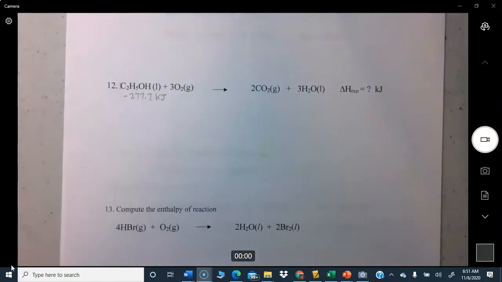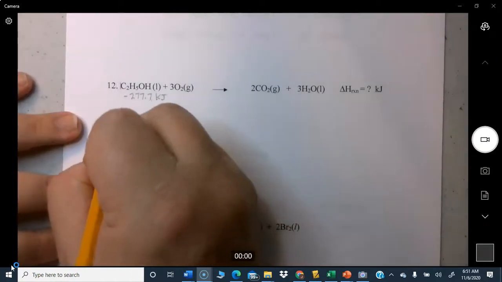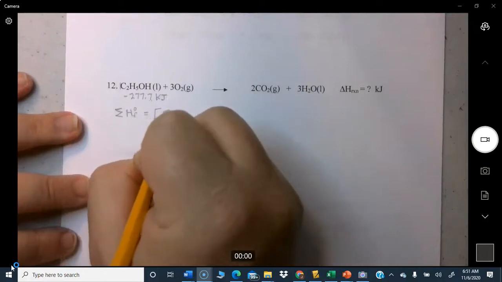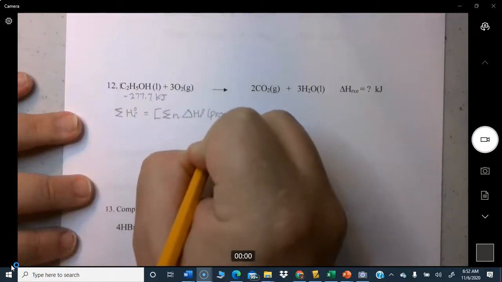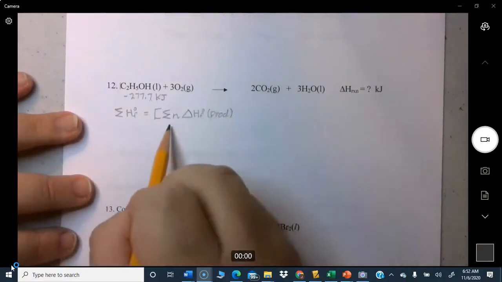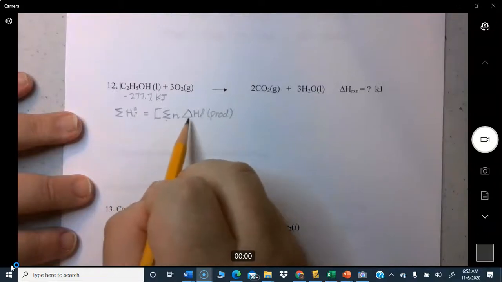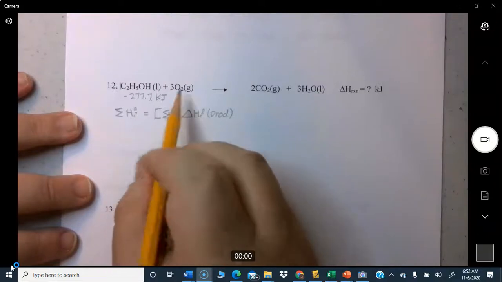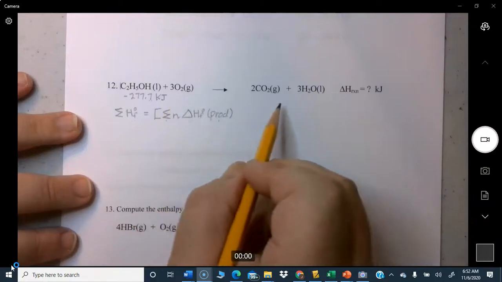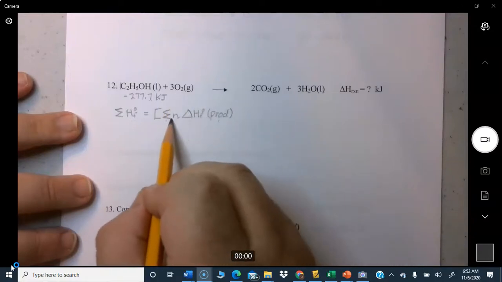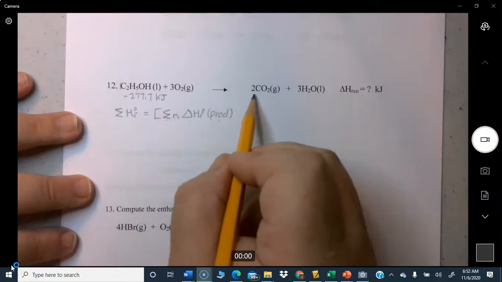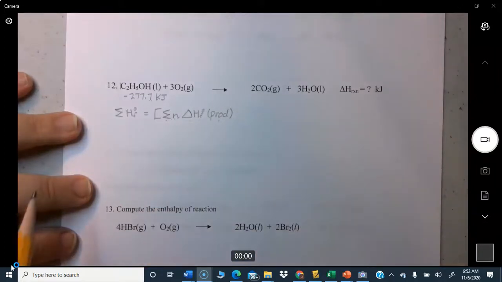All right, let's go ahead now and do this. Again, write out the equation. Let's just review how to read that. It's the summation of the delta H of formation of all of the products, and for each one you have to multiply by the number of moles. So in this case 2 moles, in this case 3 moles. Okay?